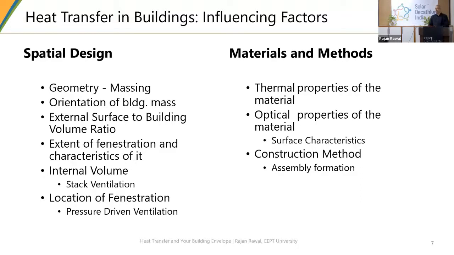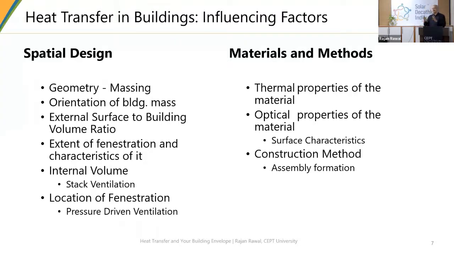Versus if you start looking at material and methods, the thermal properties of the material will come into the picture, whether it is a brick or it is an insulation. But not only that, how the brick is laid also matters. Brick is a sort of component, but how the clay brick has been laid in construction also makes a difference.